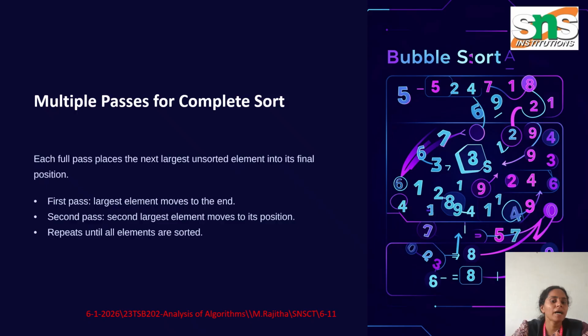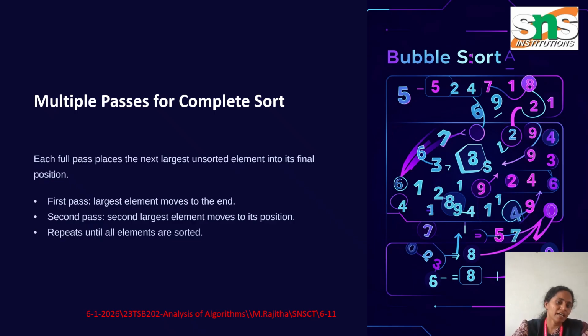So, multiple passes in bubble sort. Bubble sort requires multiple passes to complete sorting. First pass, largest element goes to the end, and the second pass, second largest element goes to its position. Third pass, third largest element gets fixed. The number of passes depends on the number of elements.